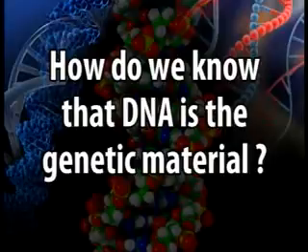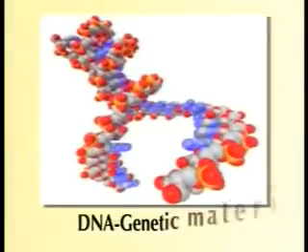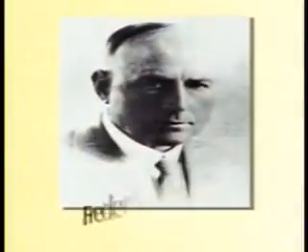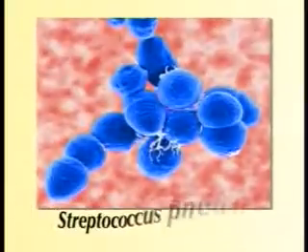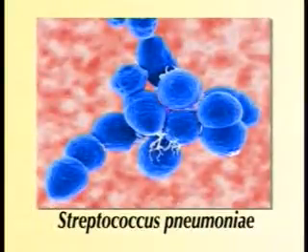A very interesting question again is, how do we know that DNA is the genetic material? What is the proof that we have? In fact, the demonstration of DNA as the genetic material is an interesting story, and it resulted from a series of classical experiments. The first classical experiment, which you must often see in your textbooks, is a puzzling observation of transformation by Frederick Griffith in the course of his experiments on the bacterium Streptococcus pneumoniae in 1928.